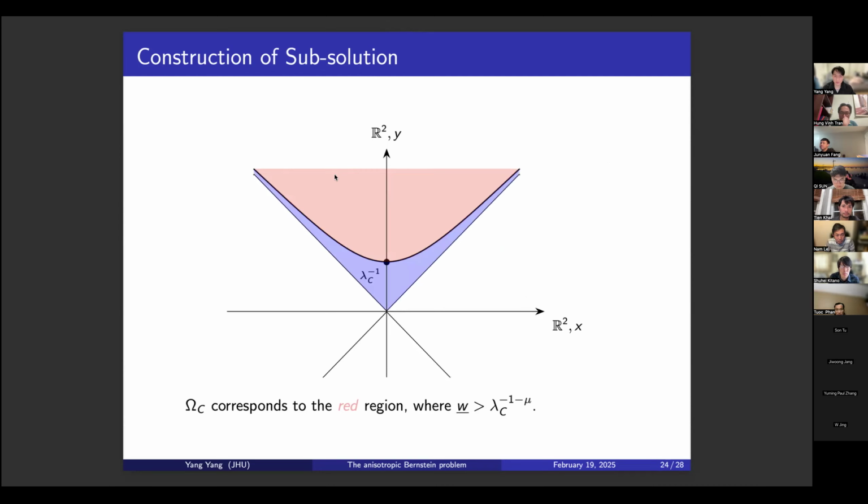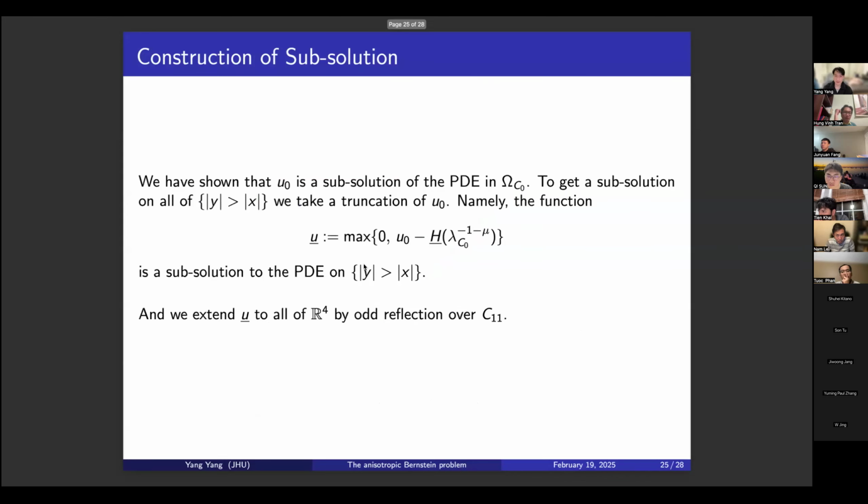We just make this U naught a subsolution on this red region when U naught becomes very large. Then we can truncate this function at a height and take the maximum between the function and 0. So this will still be a subsolution. Then we can just use the odd reflection to get the opposite sign on the other region.